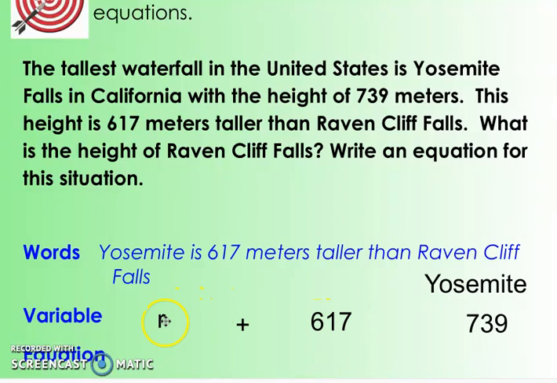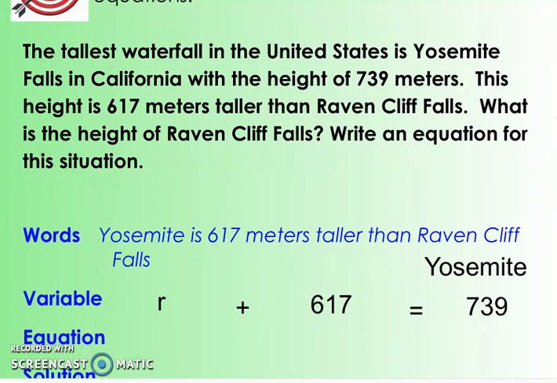617 taller than Ravencliff, what could we do with these numbers to actually solve them? If I asked you to figure out how to solve them, could you figure out how many meters tall Ravencliff is? Yes, you probably could.